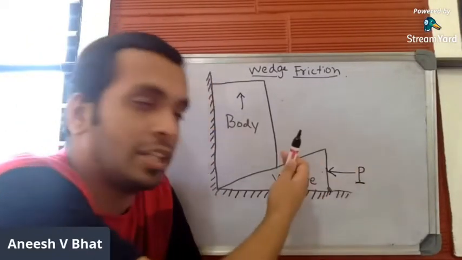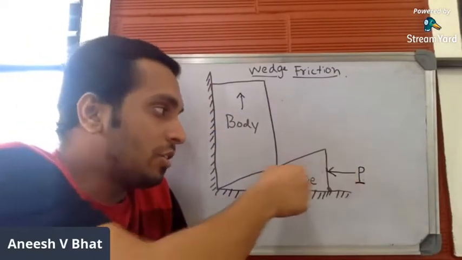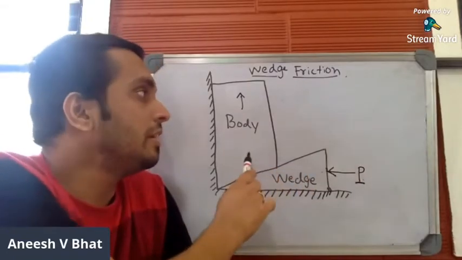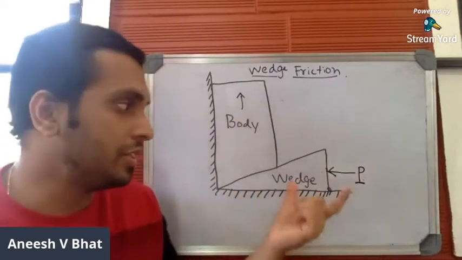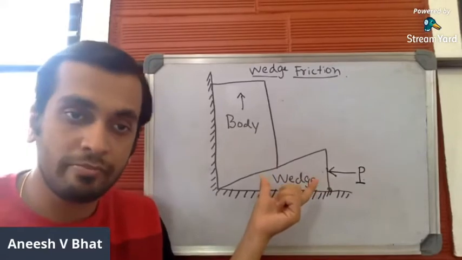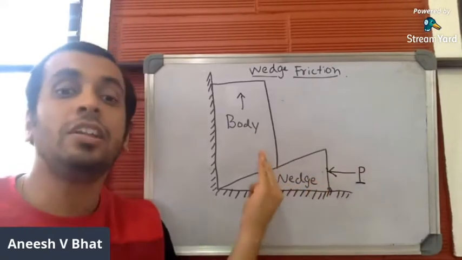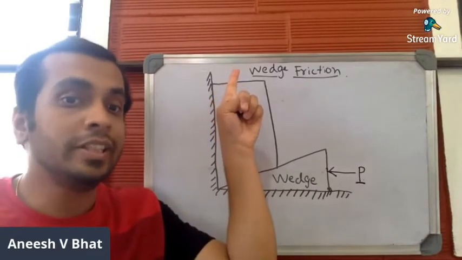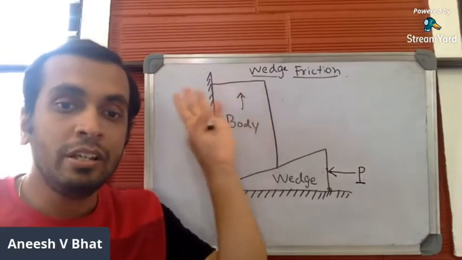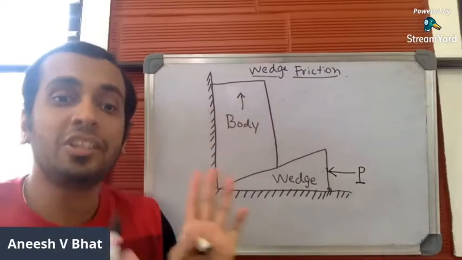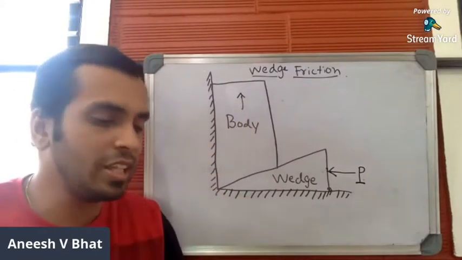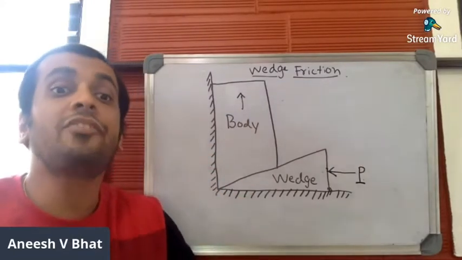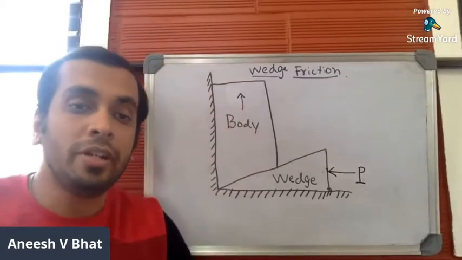When you apply some force horizontally in the leftward direction, the body will be lifted upwards with the help of the wedge. Here we have used a triangular wedge. So by pushing it horizontally to the left, we can lift the body vertically upwards. This is the application of the wedge. Wedges are used to lift the body upwards.